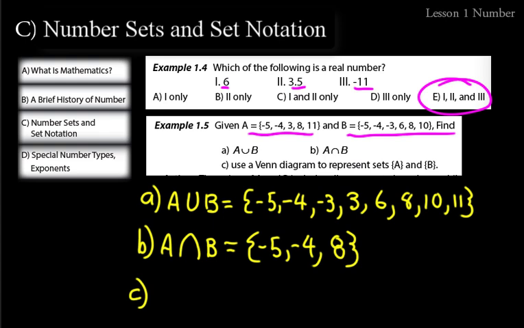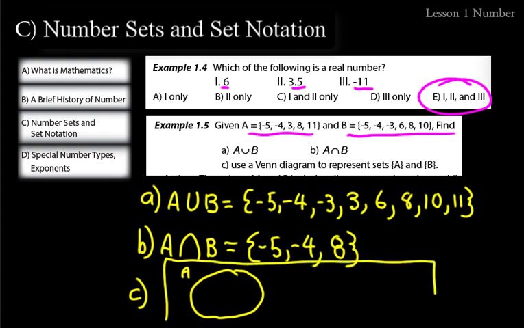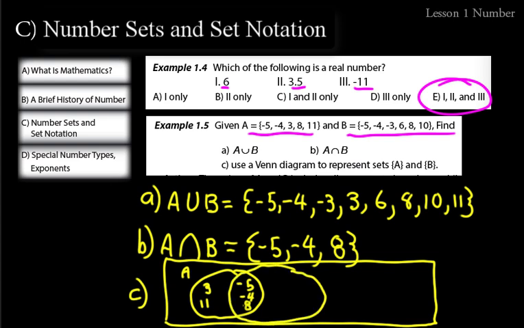So here's how we could describe this using a Venn diagram. So here's set A. Call that A. And a lot of times a box is put around the whole thing as well. And so here's set A. And so we have a 3, we have an 11, and I'm going to put the -5, the -4, and the 8 over here, all of those intersecting values. And then I'm going to put set B kind of wrapping around that, like that.